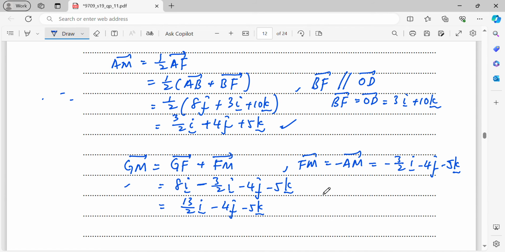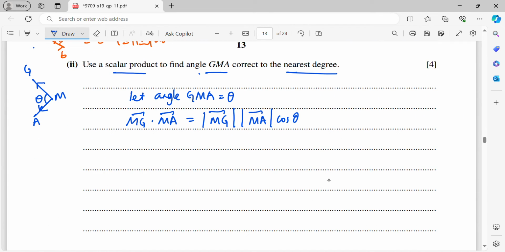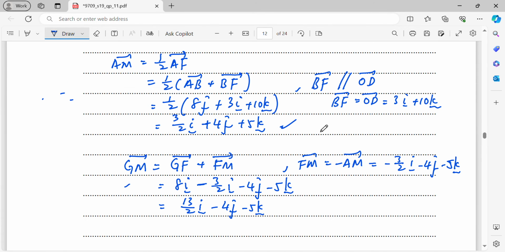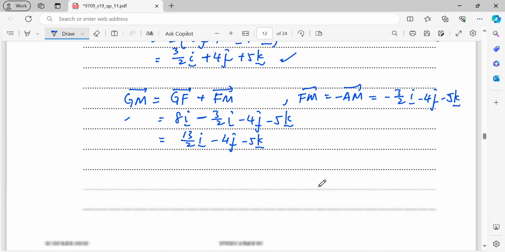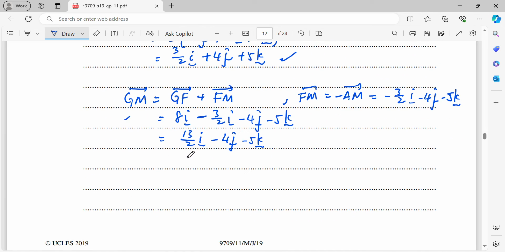Now MG is in the opposite direction of GM. Okay, MG is negative GM. So now here I will write MG equals negative GM and your MA is negative AM. So now I will just copy the vectors that I found in the previous part, but times a negative. Instead of 13 over 2I minus 4J minus 5K, just times negative to all these three values.